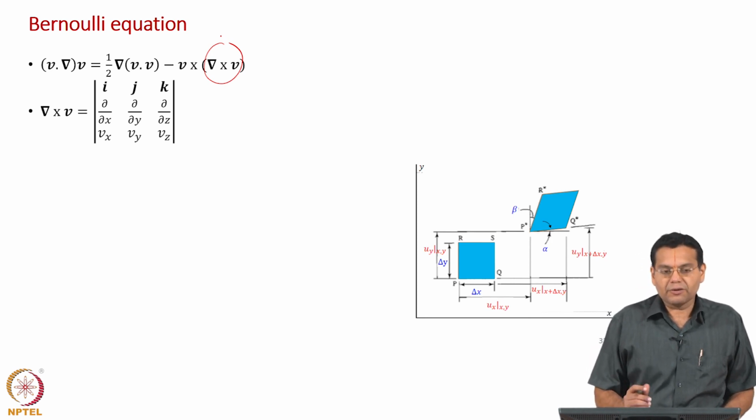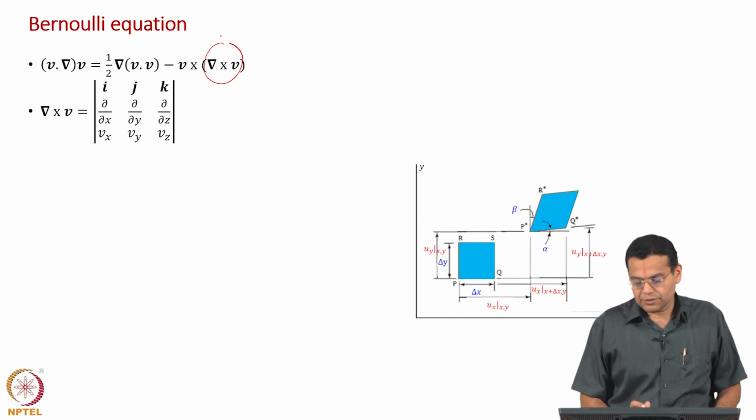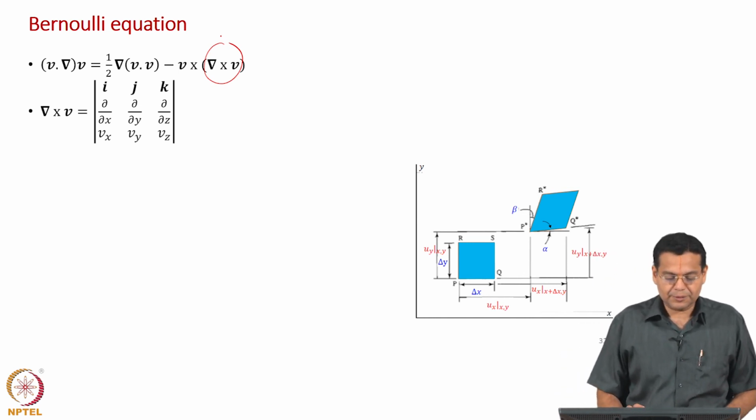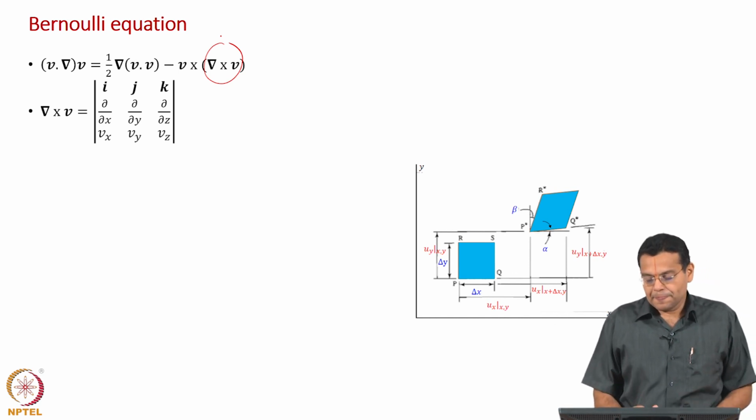It is the curl of the velocity vector, which is a cross product of the gradient vector and the velocity vector. That should be well known to you from a calculus course. Now, let us express that in terms of variables which you have come across in this particular course.